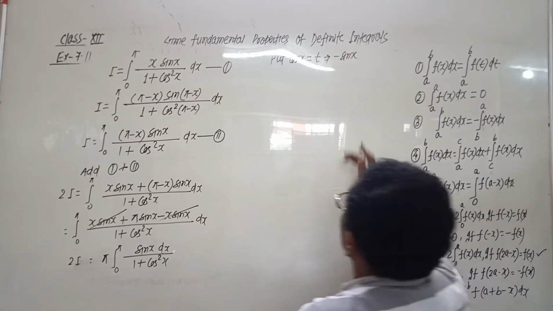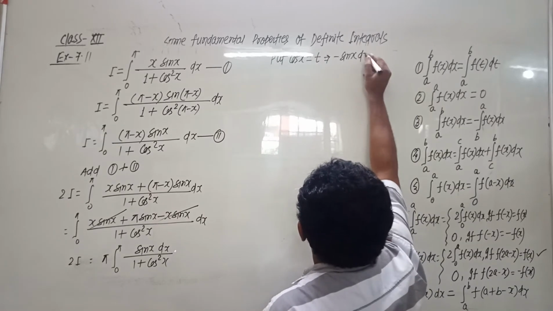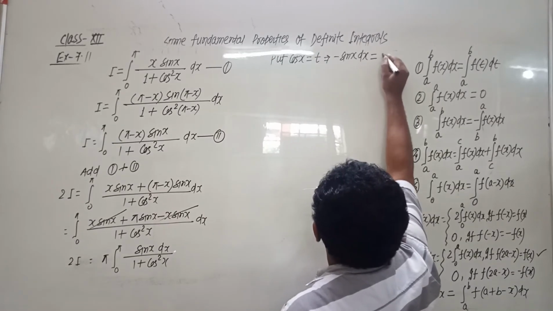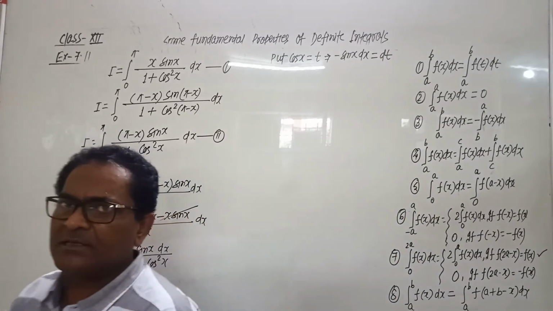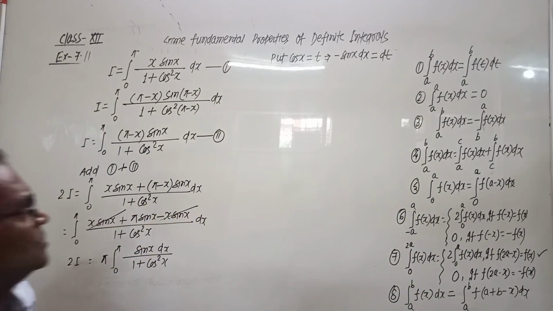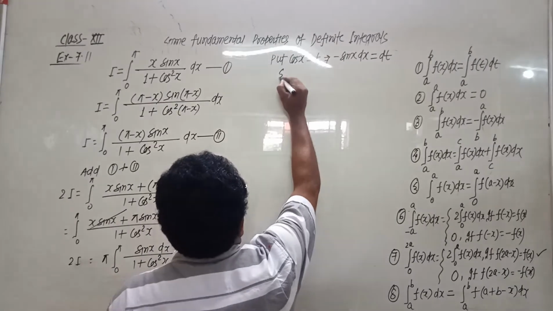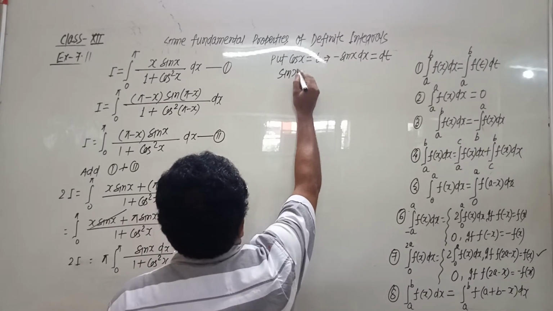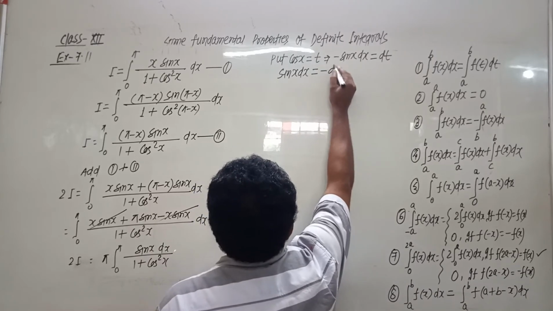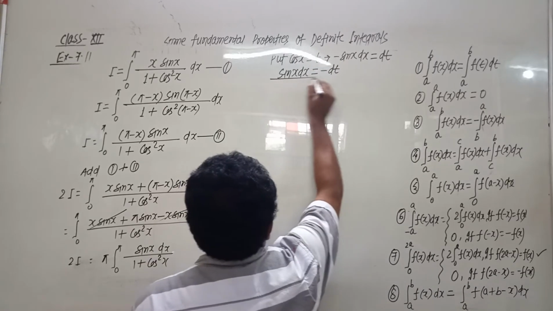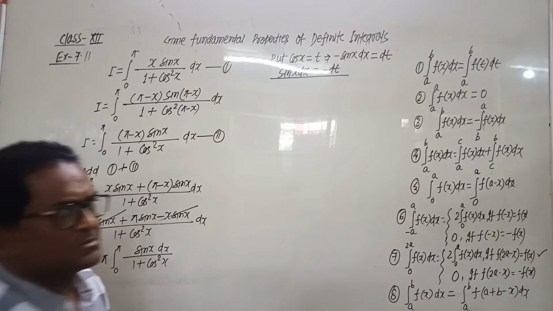By cross multiplication it becomes minus sin x dx equals to dt. Multiply both sides by minus, so we get sin x dx equals to minus dt. This is the value of sin x dx: minus dt.